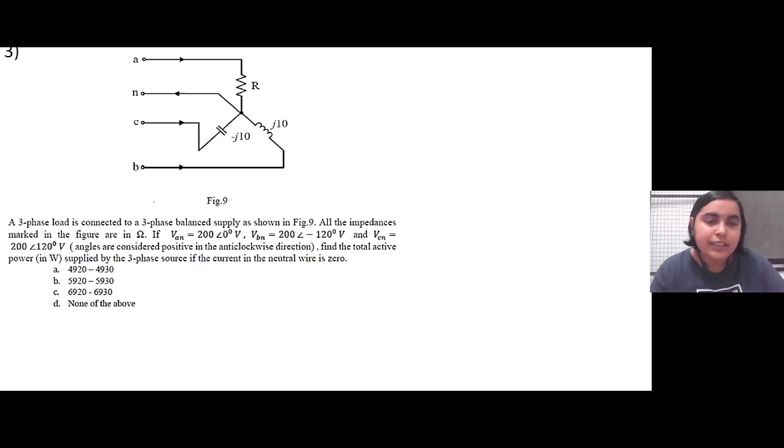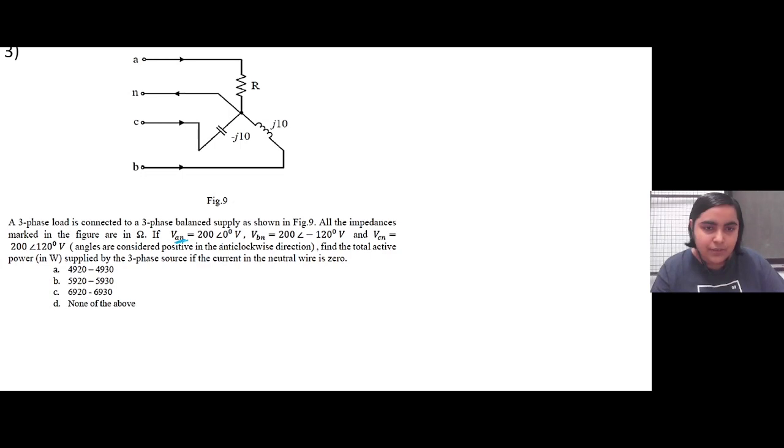In the next problem, we have a star network with a neutral line, and it is said that a three-phase load is connected to a three-phase balanced supply as shown. Here all the impedances are marked in ohms. VAN is the phase voltage, given with respect to neutral.